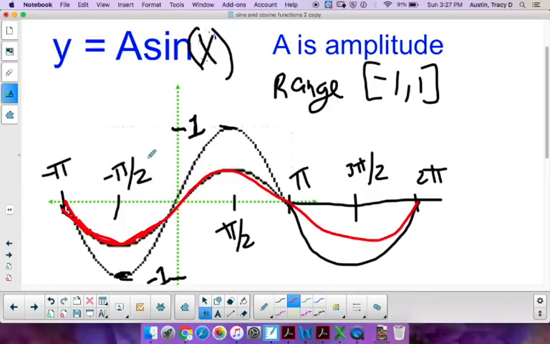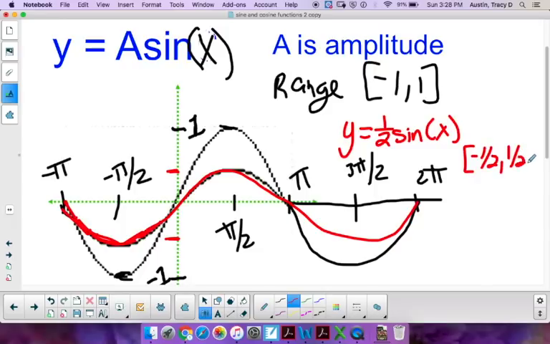It's been dilated. So where does it appear to be starting and stopping as far as how high up and down on the y that it goes? If you said a half, you're correct. So we would write that function as y equals 1/2 sine of x. We've changed how high up and down this goes. Well, that means we've also changed the range, because the range is all your y values. That means we've only gone from -1/2 to +1/2. Okay, it kind of shrinks the function down.